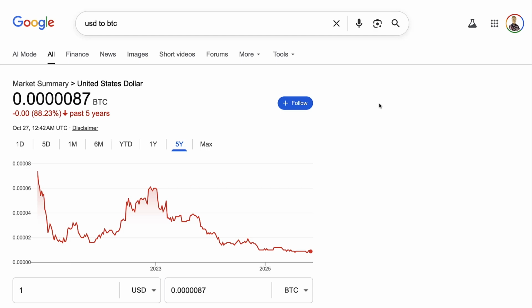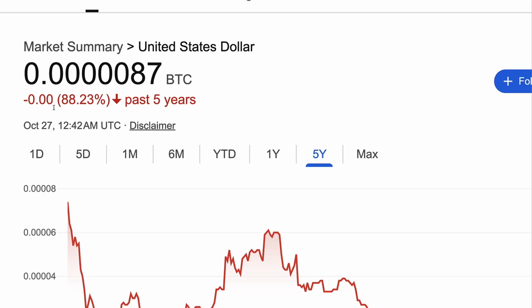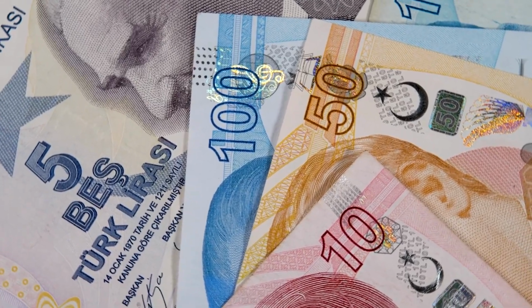US dollar is the biggest global reserve currency, and you can see that one also has lost more than 88% of its value in the last 5 years against Bitcoin. And most other government currencies have lost even more than 90% of the value in the last 5 years.